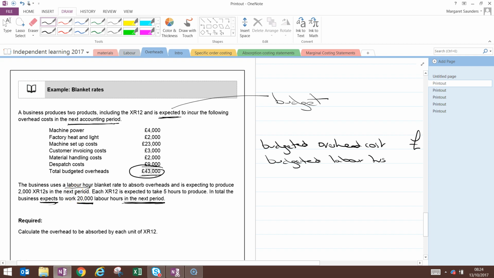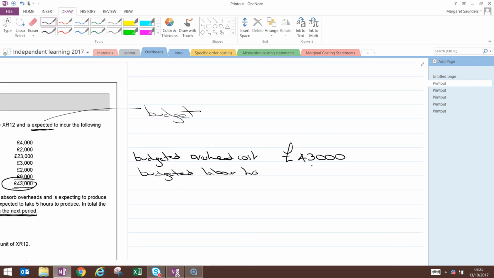So we are not going to just pick out the figure of 5 hours because that's just how long one product takes. We want to know what the labour hours are going to be in the next accounting period. So that's the 20,000. So that's step 2.